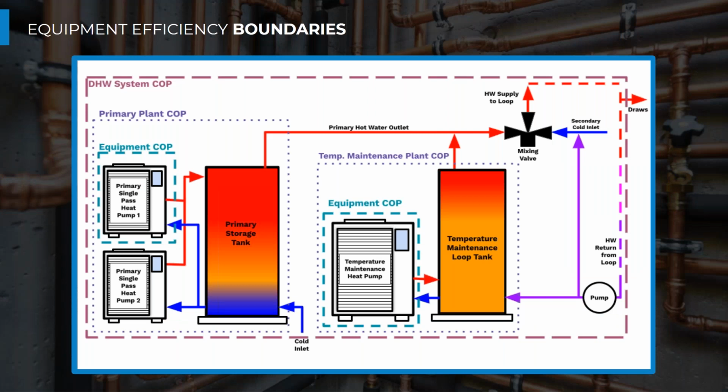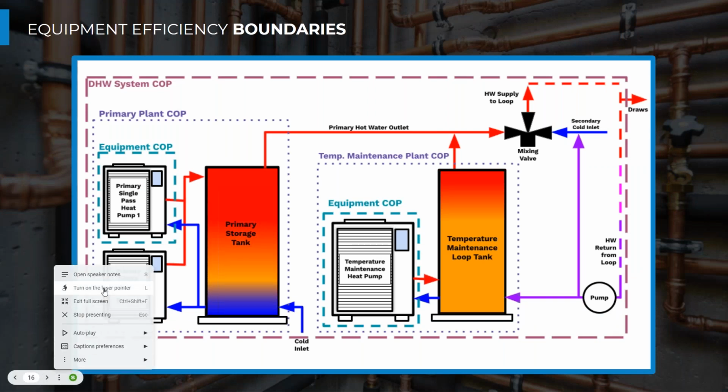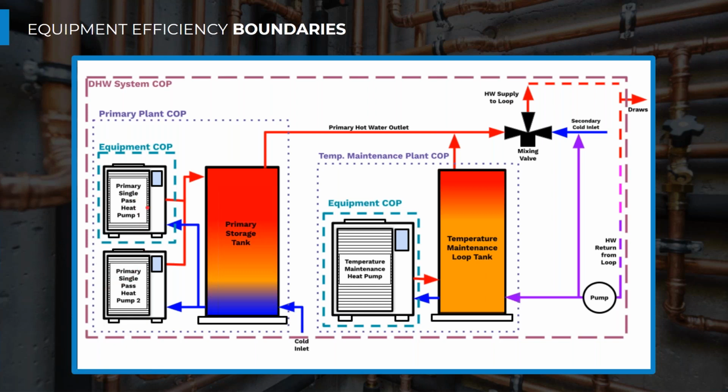And so it's good for us to understand the efficiency boundaries. Let me turn back on the laser pointer. We have our equipment COP. This is typically published in the manufacturer's submittal or specification sheet, and it's typically rated at maybe 1 or 2, sometimes a handful of air and water temperatures.